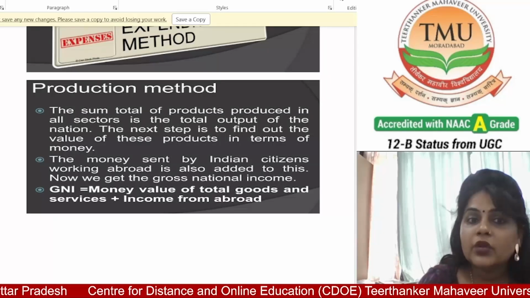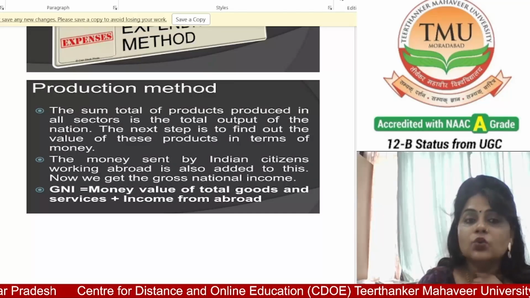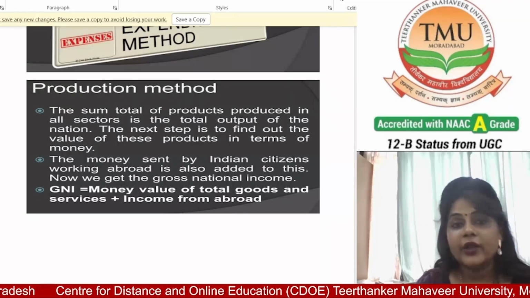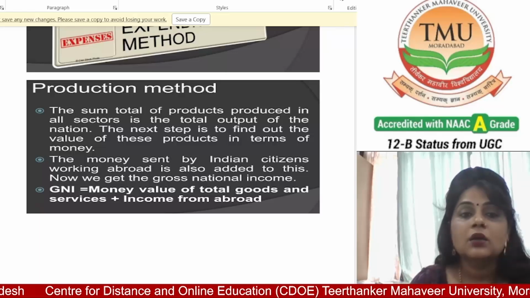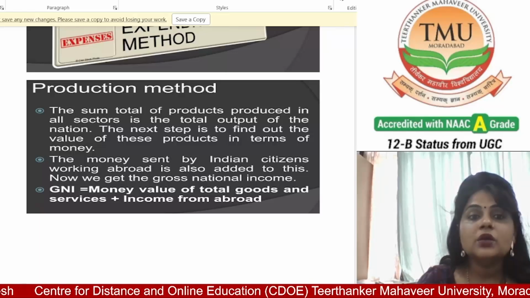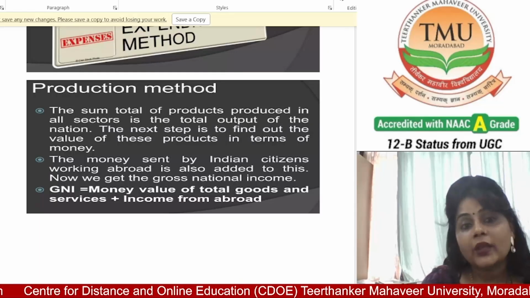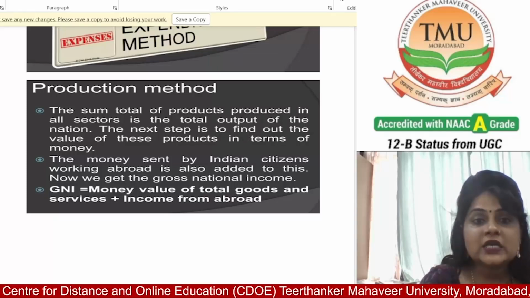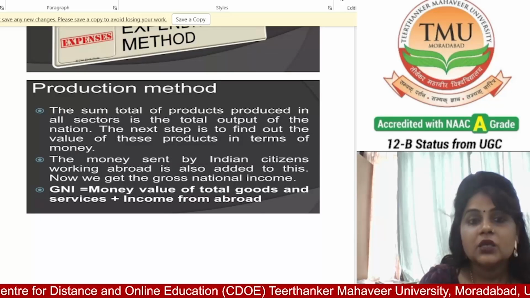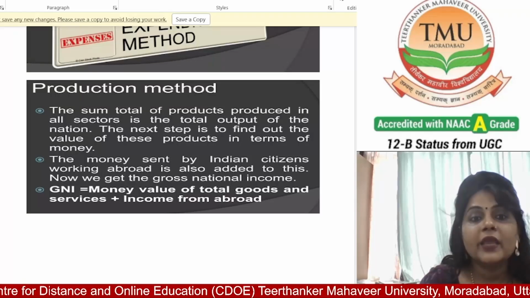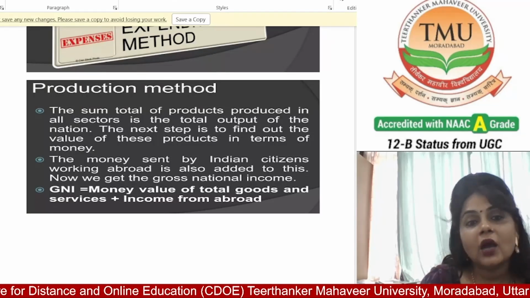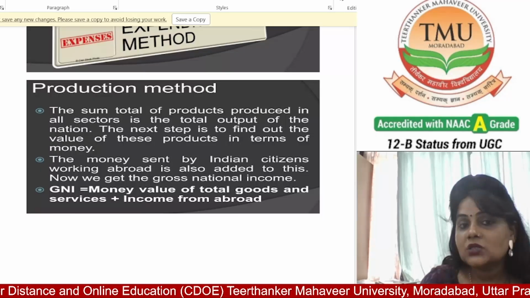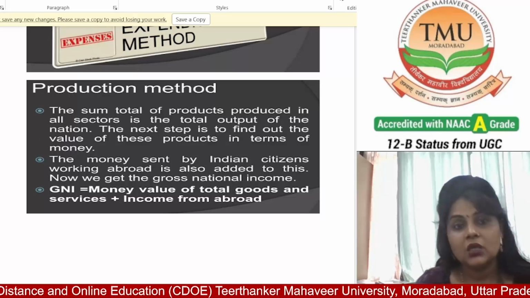Here, flour is an intermediate good, its value is 30, and this is the value of intermediate consumption. The bread sold is the final good, whose value is 50, and this is the value of output. It shows that the baker has added a value of 20 to the flow of goods and services in the economy.